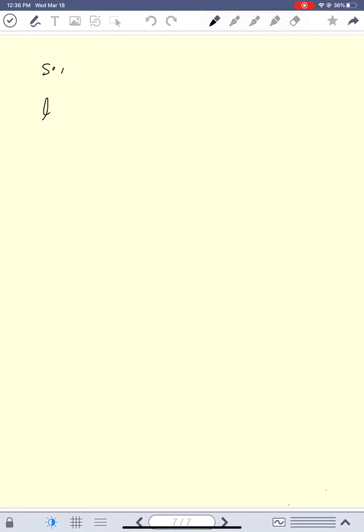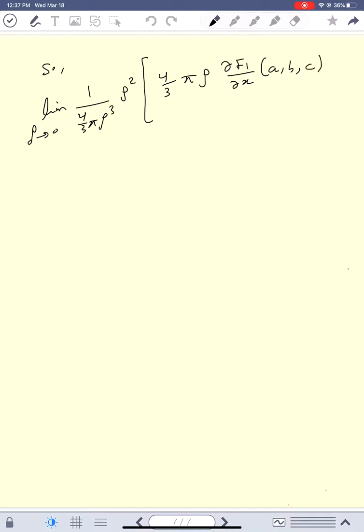So if we take the limit as rho goes to 0 for 1 over 4/3 pi rho cubed times rho squared times 4/3 pi rho df1/dx at (a, b, c) plus, inside the same bracket, rho squared times a certain quantity.